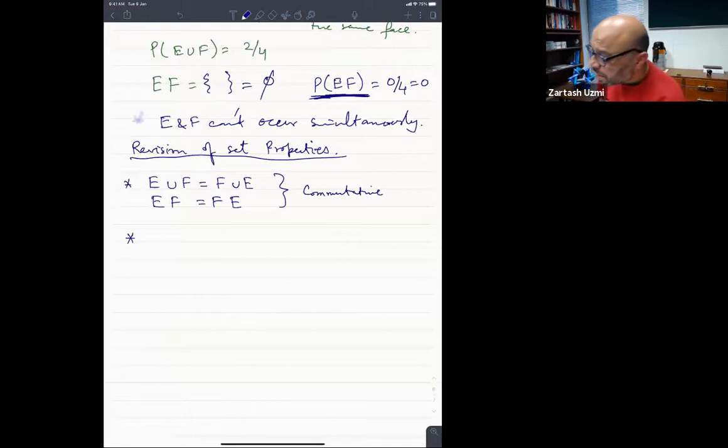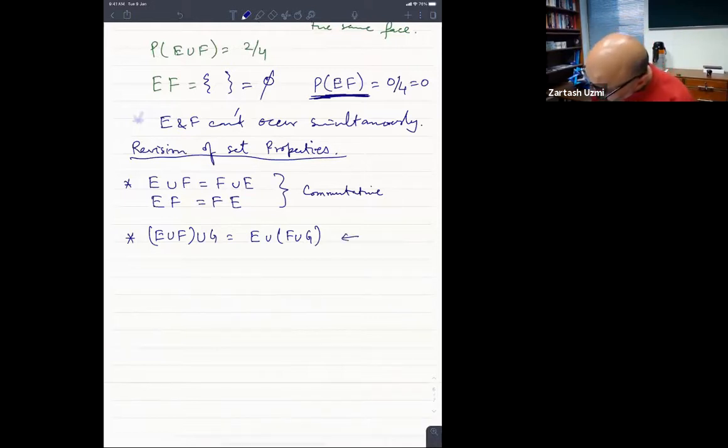Now there is another property which is called associative property, which is E union F पहले ले लें और फिर बाद में G के साथ यूनियन ले लें. This is the same as E union F और G की पहले यूनियन ले लें और बाद में E के साथ यूनियन ले लें. This is called associative property. ठीक है?